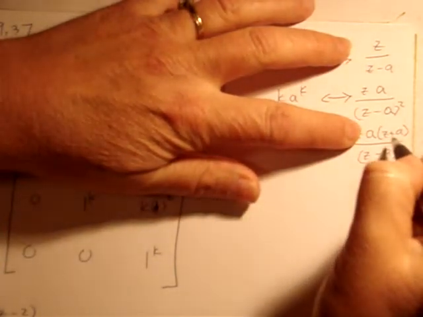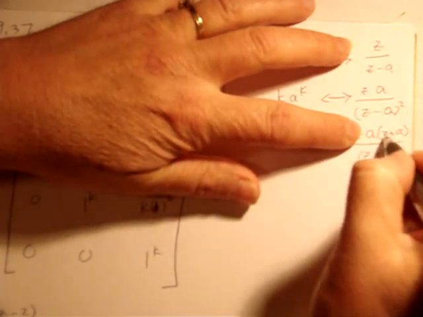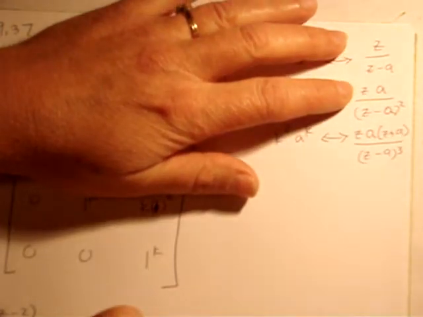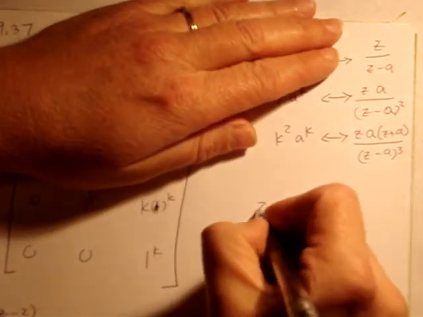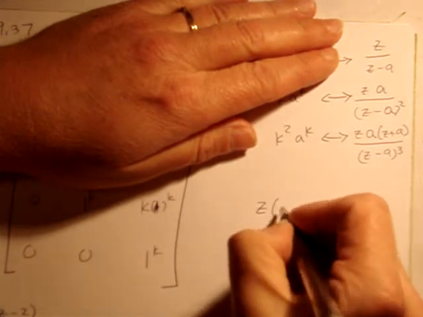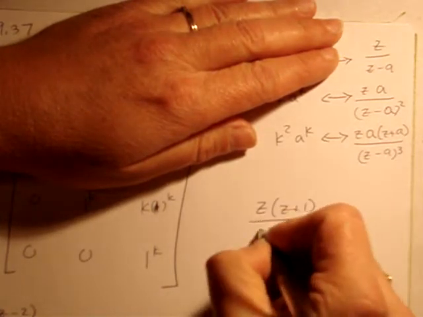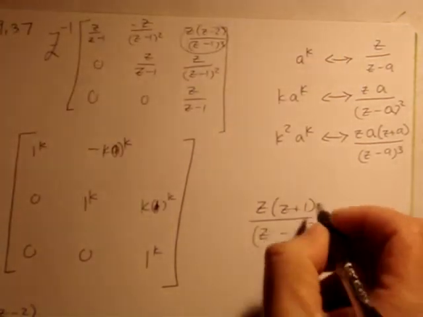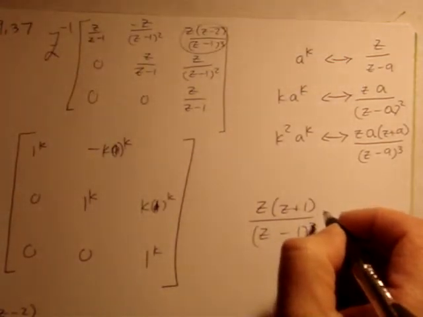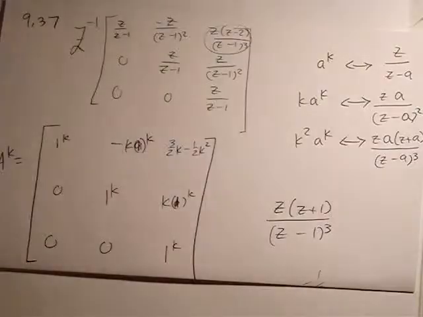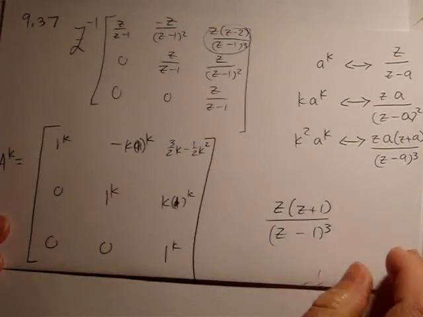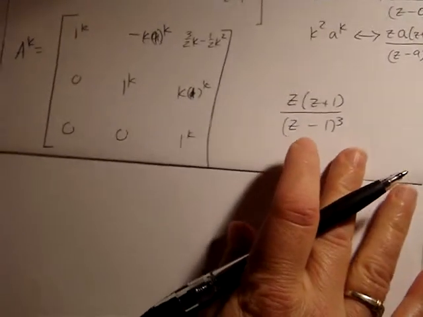We have the Z, and then we have a Z plus A. So we should have a Z plus 1. We should have something like, putting in 1, Z times Z plus 1 over Z minus 1 cubed. So we need something that looks kind of like this.